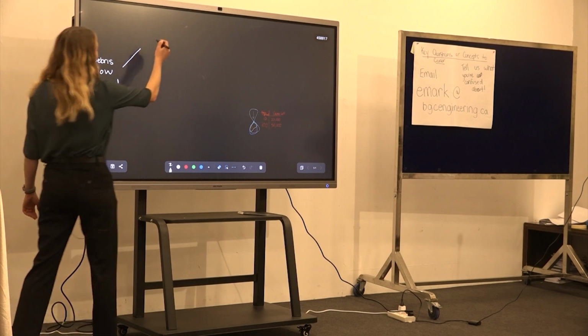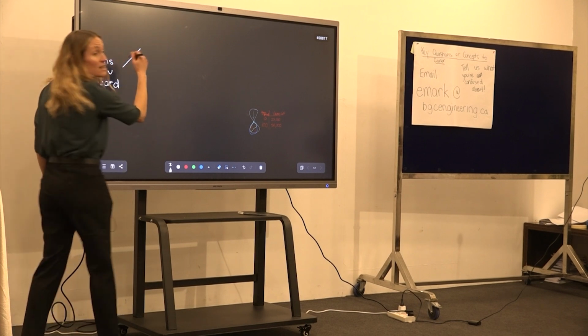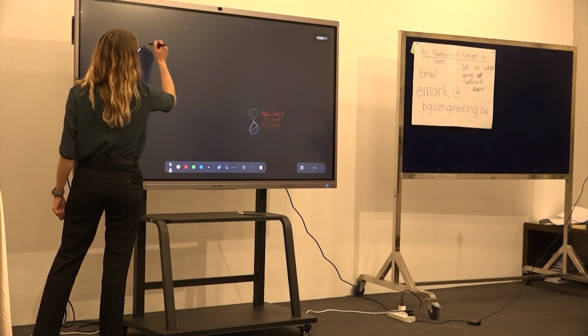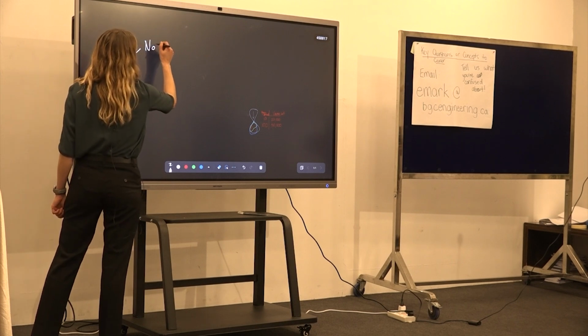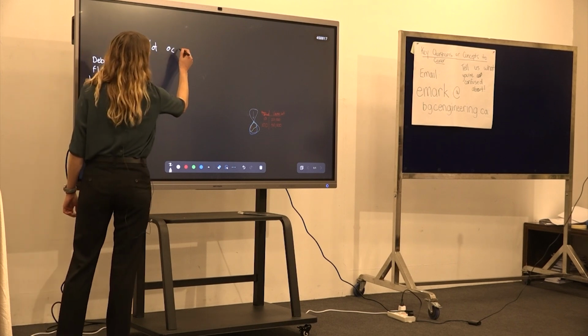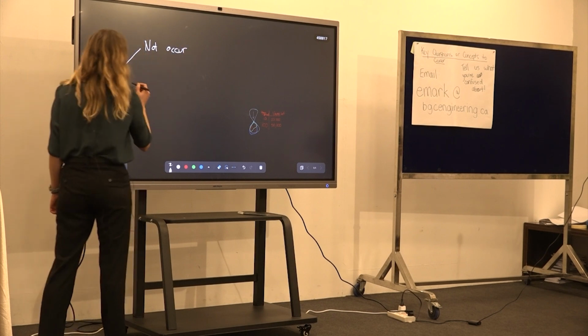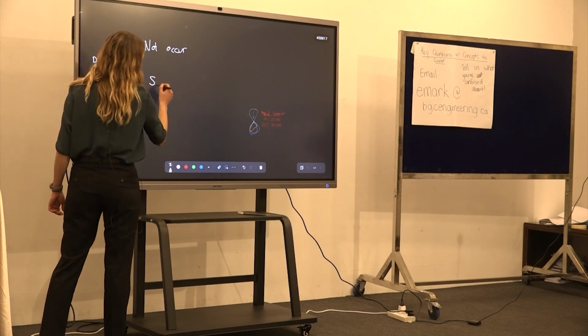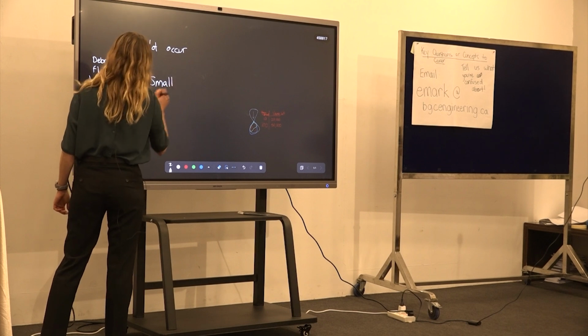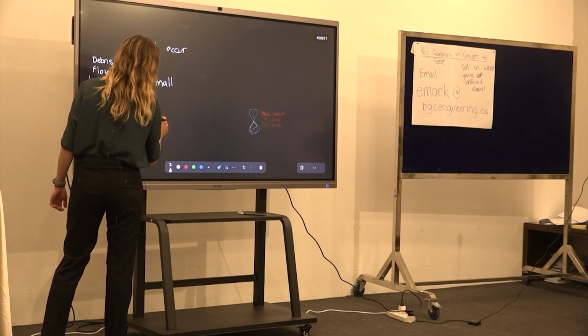In a given year, the debris flow could not occur. Nothing happens. Or there could be a small one, or there could be a big one.